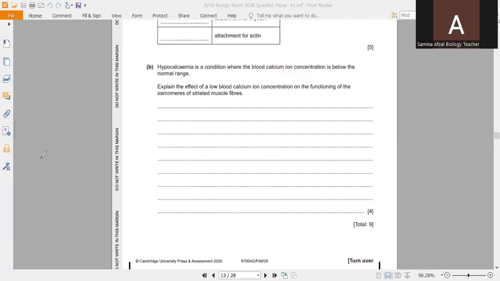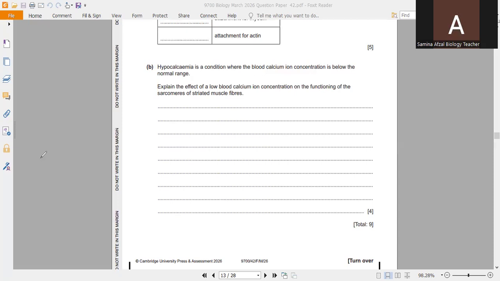Explain the effect of the blood calcium ion concentration on the functioning of the sarcomeres of striated muscle fibers. So we have to write down the effect of low blood calcium ion concentration on the functioning of the sarcomere of striated muscle fibers.